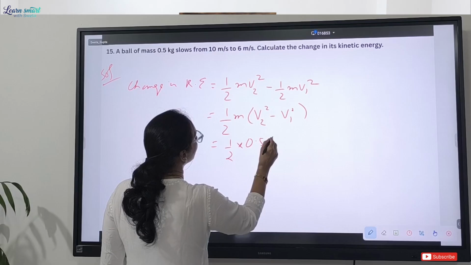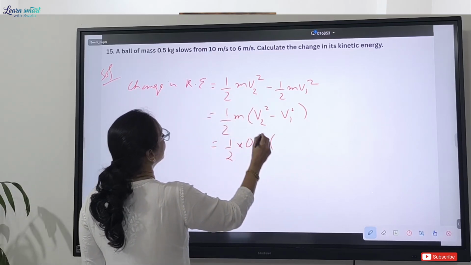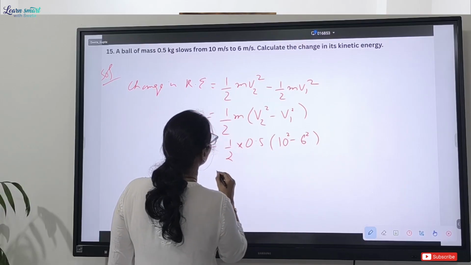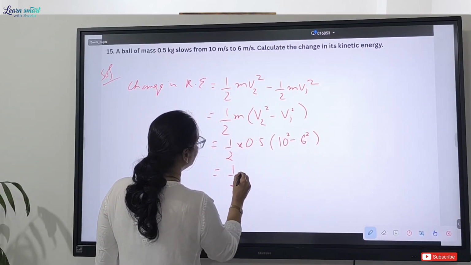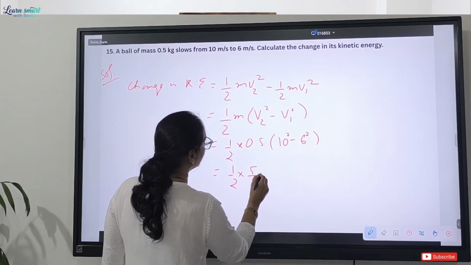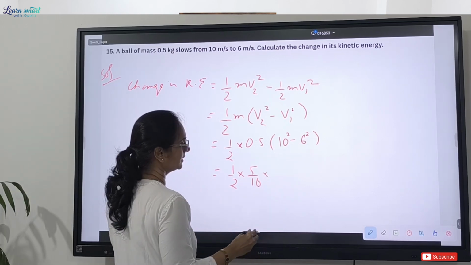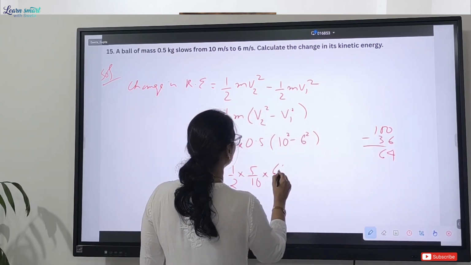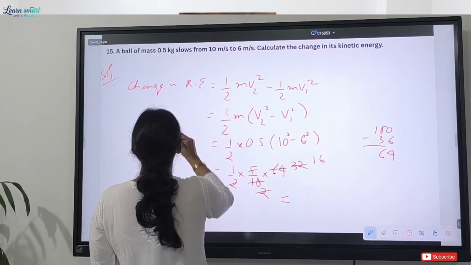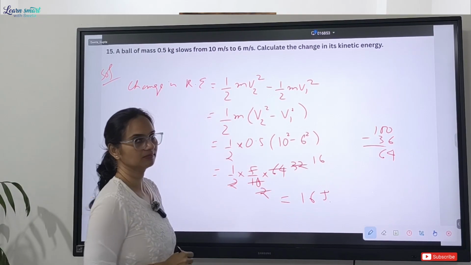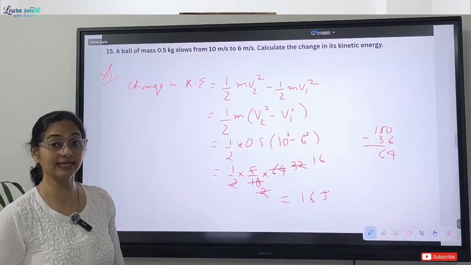So 0.5 into 10 square minus 6 square, which is half into 5 upon 10 into 100 minus 36. You will get 64 and solve it. So how much you will get? Change in kinetic energy is 16 joules. And this is how you can solve it. Let's see the next question.